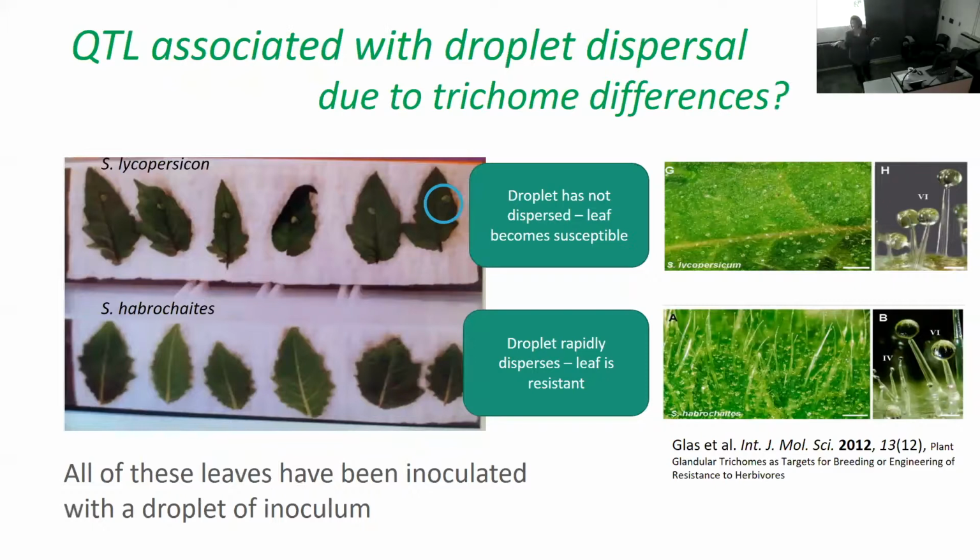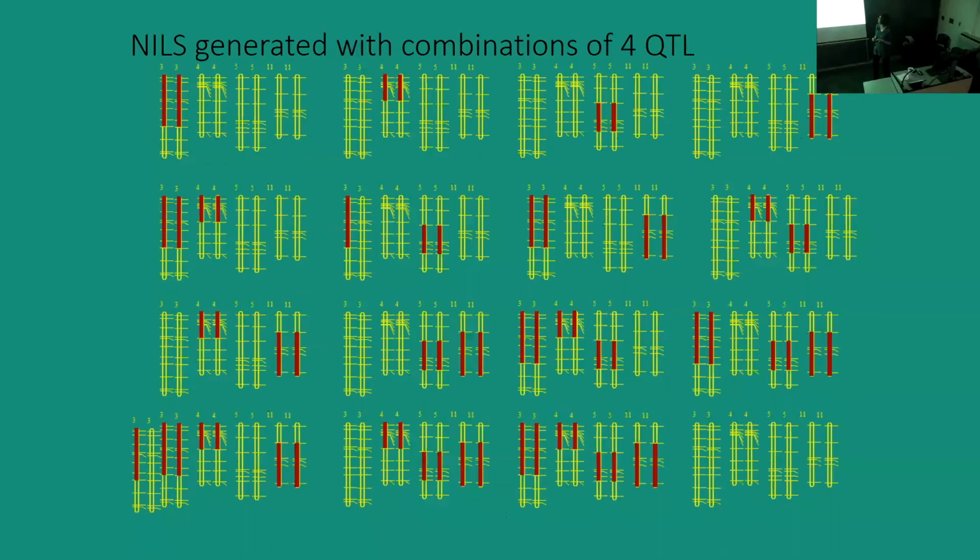It's like magic, just disappears into the leaf. And that's thought to be due to the trichome differences that the wild species have compared to esculentum. And this is pretty exciting because trichome differences and the wax of the leaf have also been shown to have resistance properties to insects as well. So we definitely pursued this QTL.